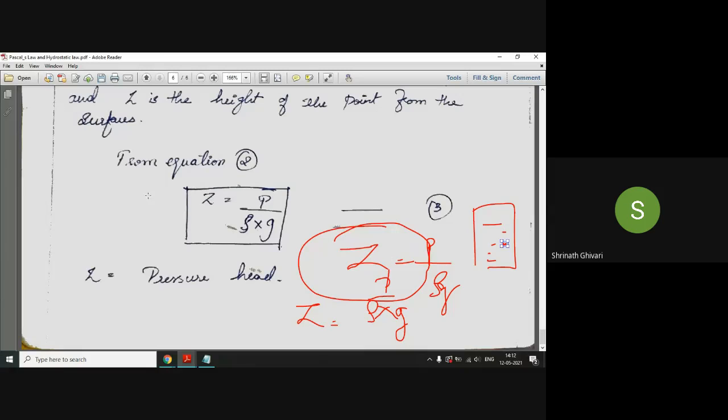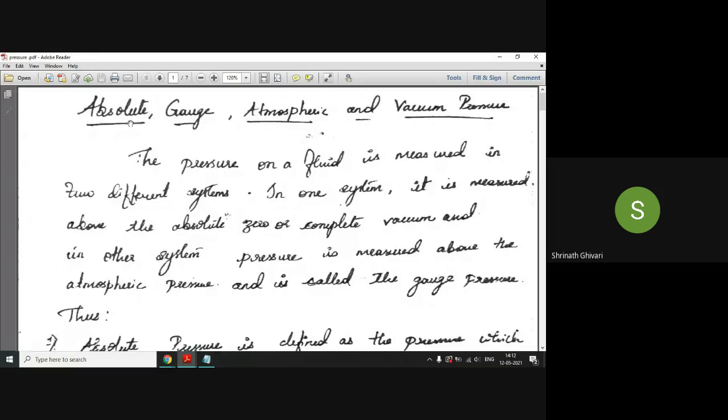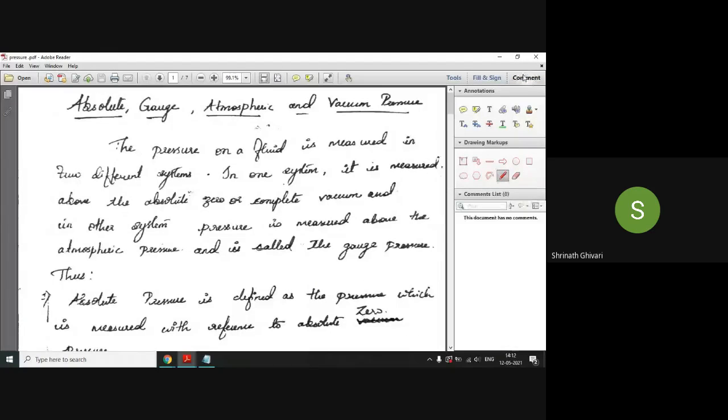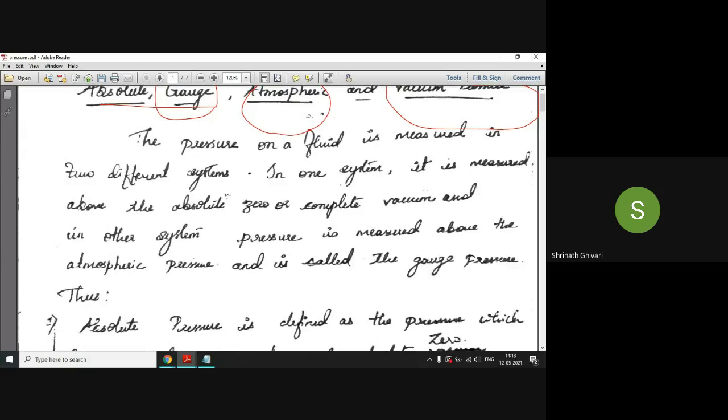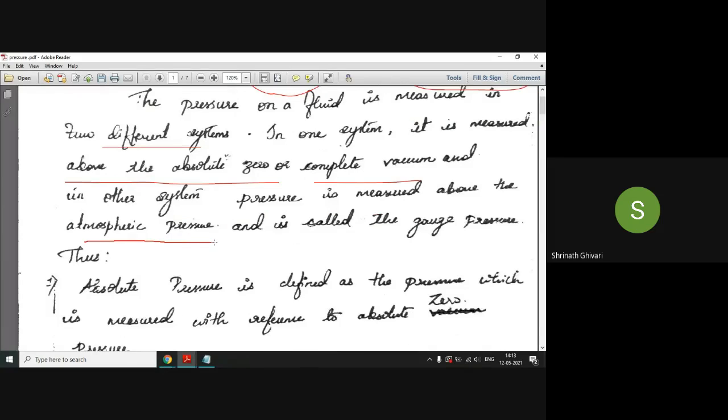Based on this, there are some definitions. The first definitions are absolute pressure, gauge pressure, atmospheric pressure, and vacuum pressure. The pressure on a fluid is measured in two different systems. In one system, it is measured above the absolute zero or complete vacuum, and in the other system it is measured above the atmospheric pressure.